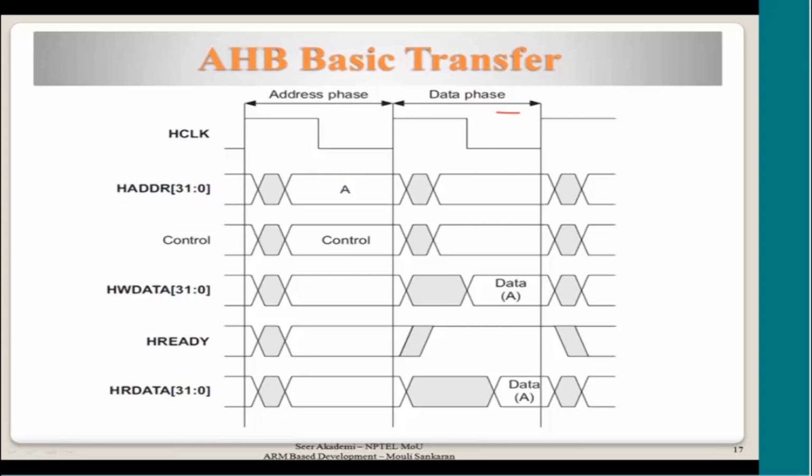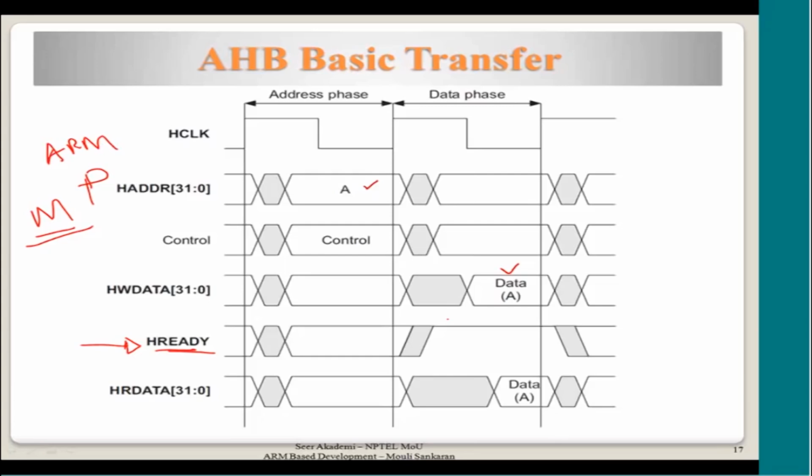During the address phase, the address is given, and then the write data is available in the data phase, after HREADY. Suppose this is coming from a master, which could be an ARM processor, and it wants to transact over the bus with a memory.